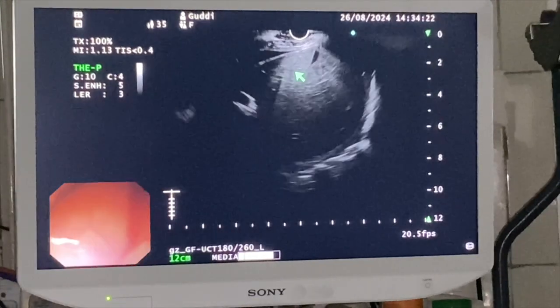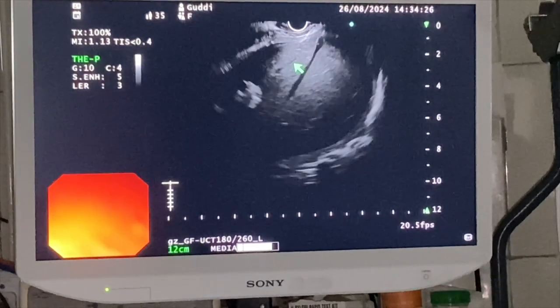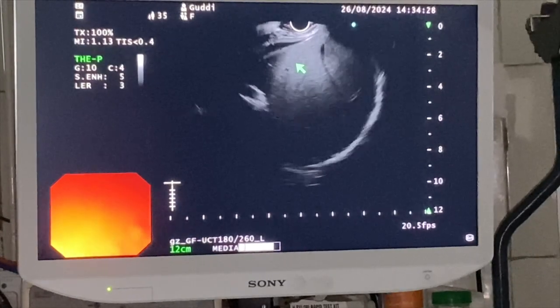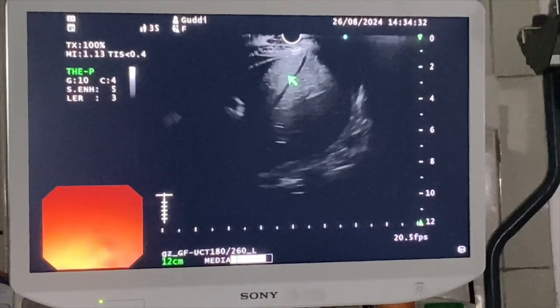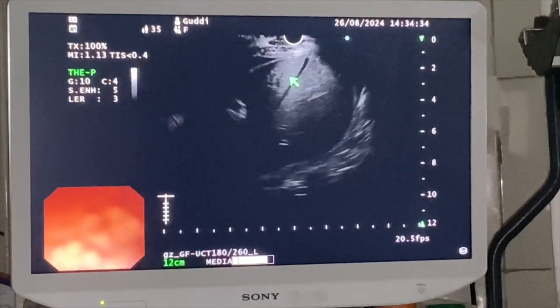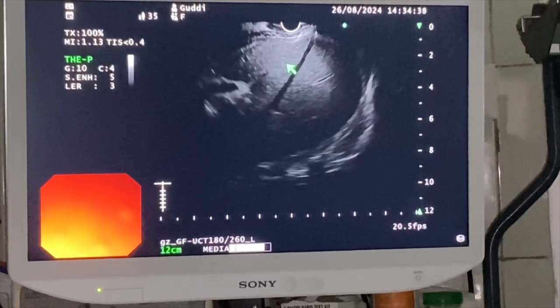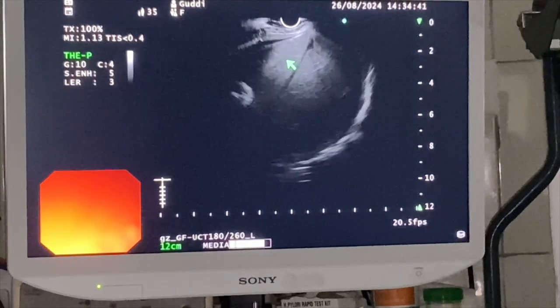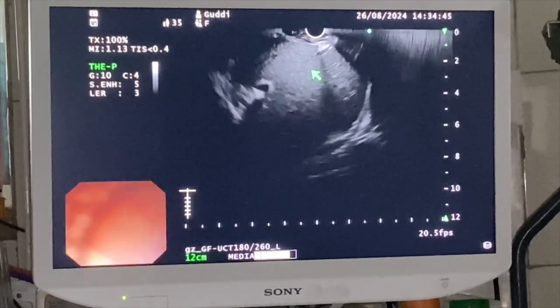So this is the right hepatic vein which is getting inserted into the IVC, beautifully seen. Its diameter is gradually decreasing when it is going into the liver, maximum when it gets inserted into the IVC.